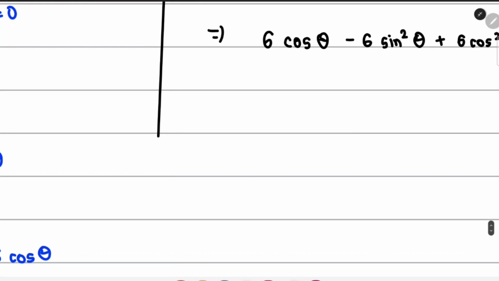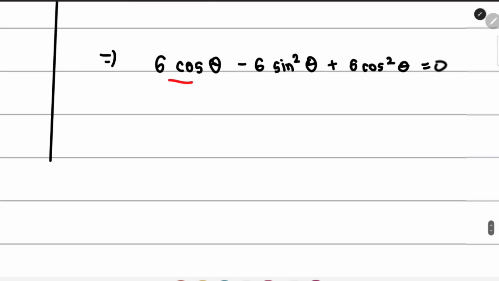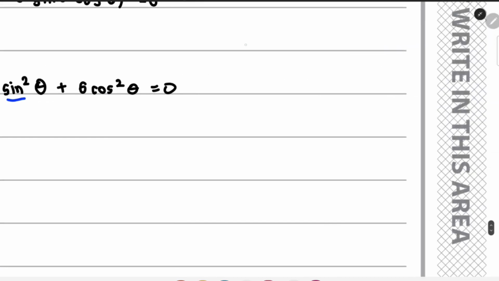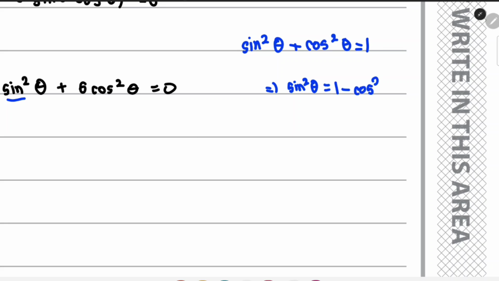Since we already have a cos theta over here and a cos squared theta over here, I'll convert this sin squared theta to cos squared theta using this identity. Sin squared theta plus cos squared theta is 1, so sin squared theta is equal to 1 minus cos squared theta.